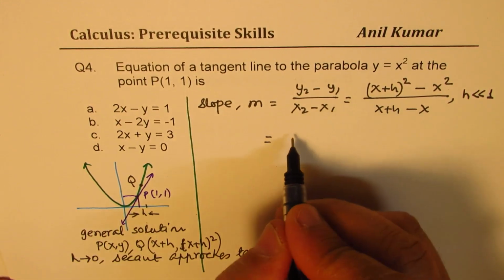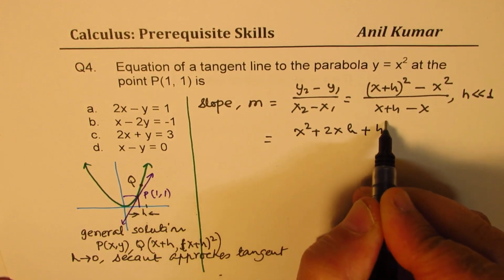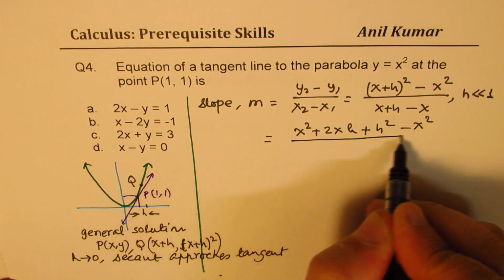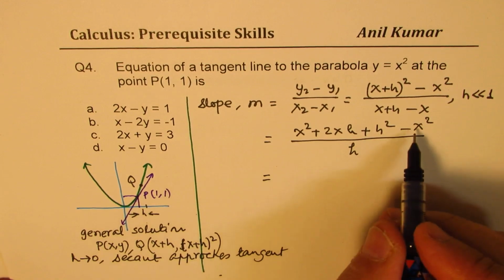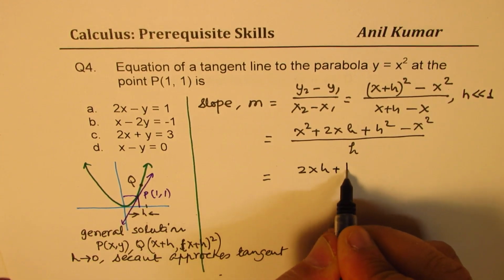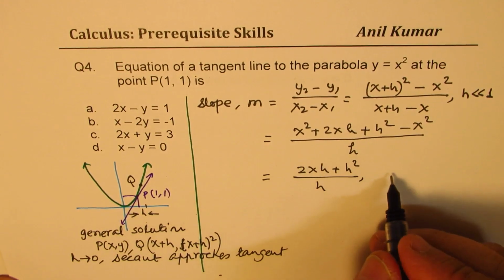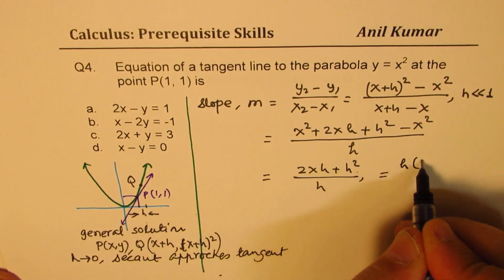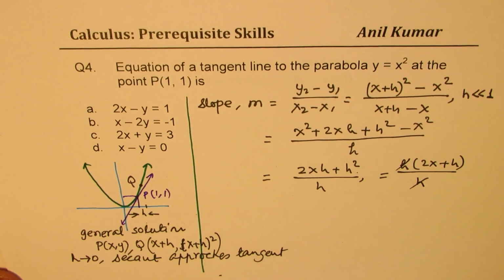So let's expand this. We get x squared plus 2xh plus h squared minus x squared over the denominator, which is only h. The x squared minus x squared cancels. So we get 2xh plus h squared over h. Taking h common, we get 2x plus h over h, and h cancels.